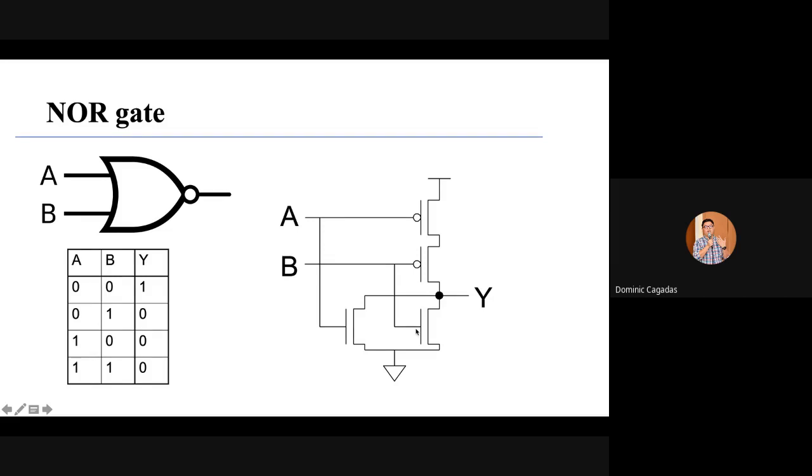Since your A PMOS is on but this one is off, you're going to have an open circuit, so you don't have any connection to your VDD. Therefore, your Y here will still be low. Did you get this?